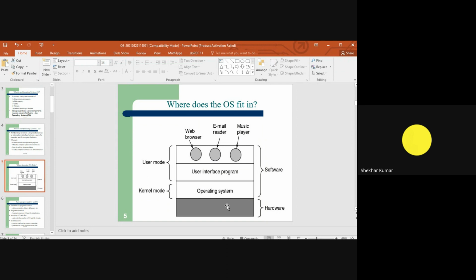If the money is deducted from your account and it is not credited in the other account, then what will you do? You will wait for some time. You can't just pick up a gun and shoot the banker.